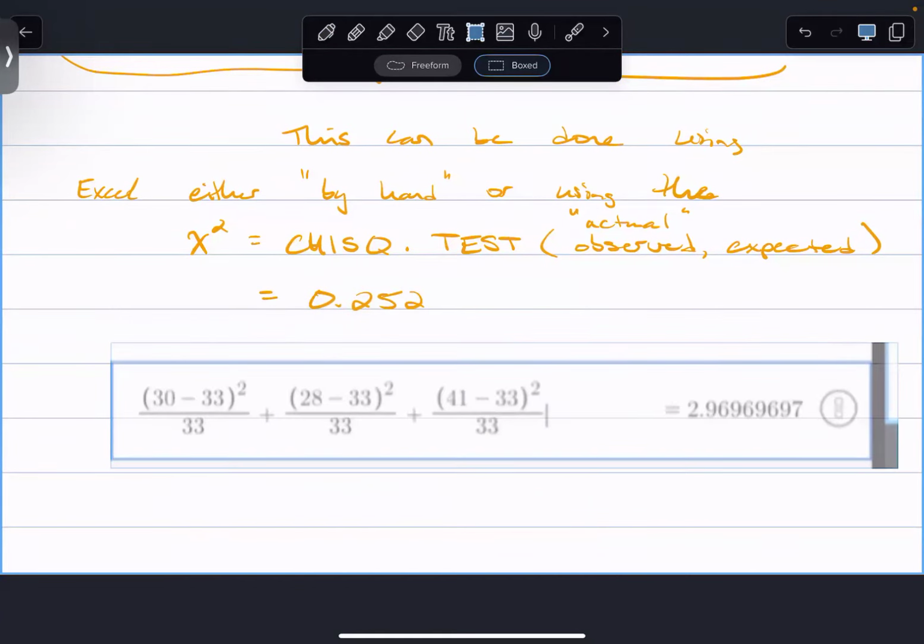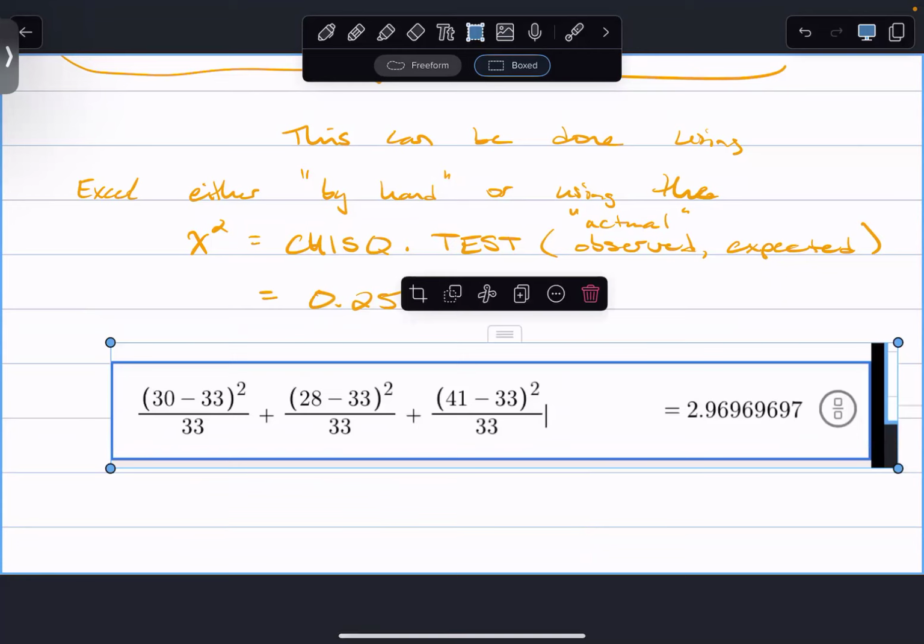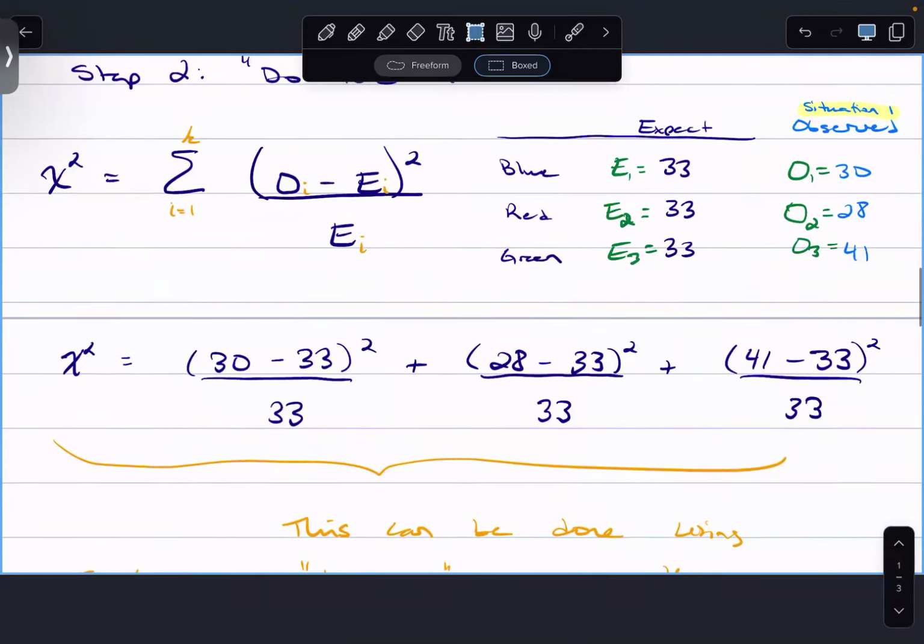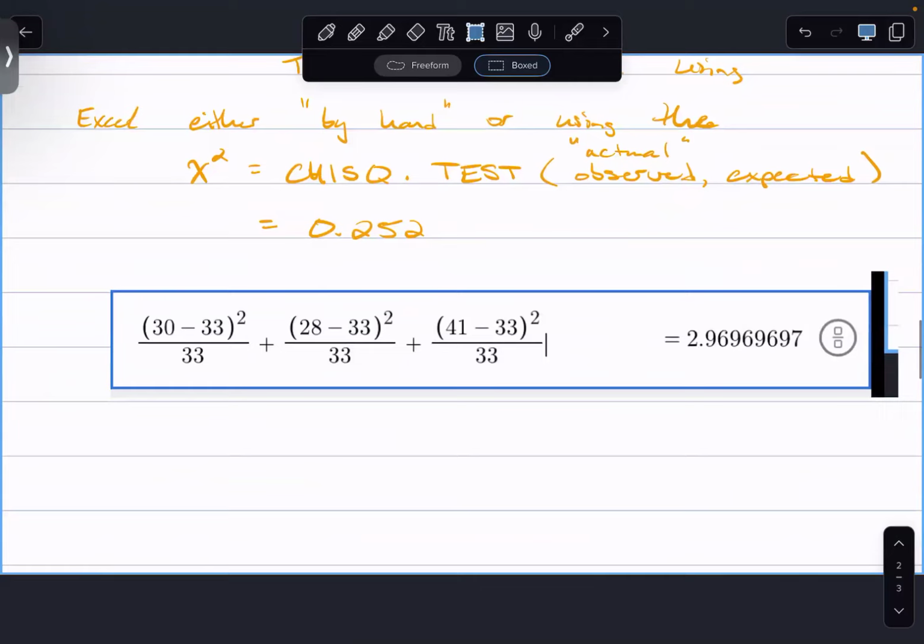Did I enter something wrong? Doesn't look like it. 30, 28, 41.